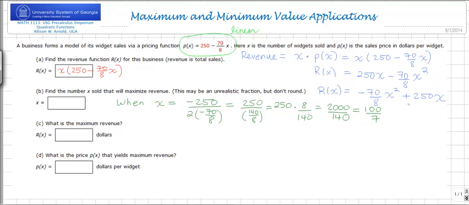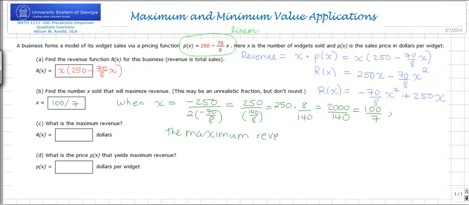But this is the value X that will help us obtain the maximum revenue. So let's go ahead and put this guy here in part B, because it says find the number X that will maximize the revenue.